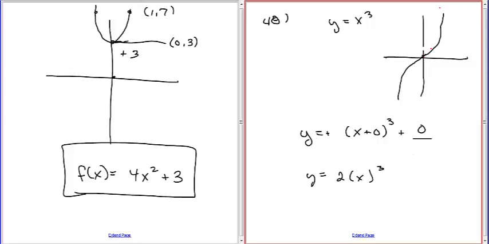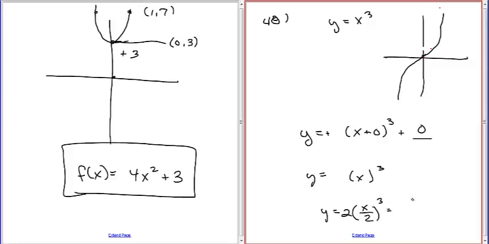So that's not going to work. But let's say I tried putting a 2 here, but I put an x over 2 there. So you can see when I put x equals 2 in, you'll get 2 divided by 2, which is 1. 1 cubed is 1 times 2 is 2. So that seems to make sense.